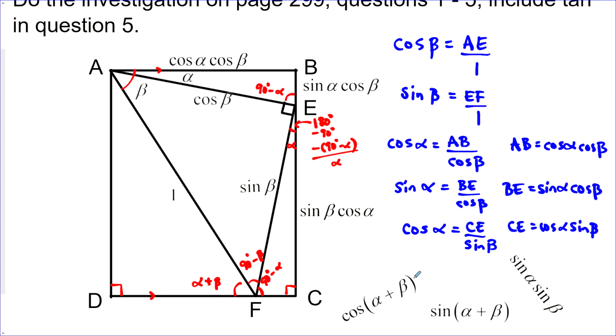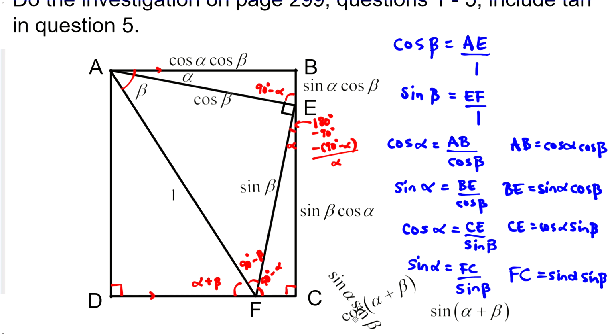So FC would also be using alpha here. Sine alpha equals opposite, which is FC, over hypotenuse, which is sine beta for this triangle here. And rearrange this. That'll be FC is equal to sine alpha times sine beta. And that'll be this guy right here.